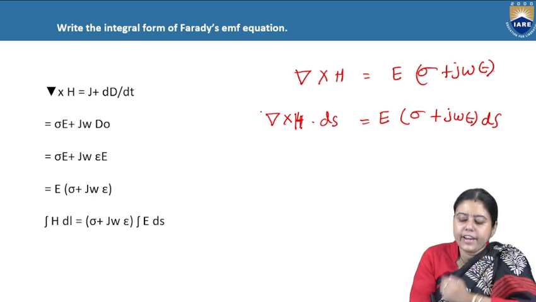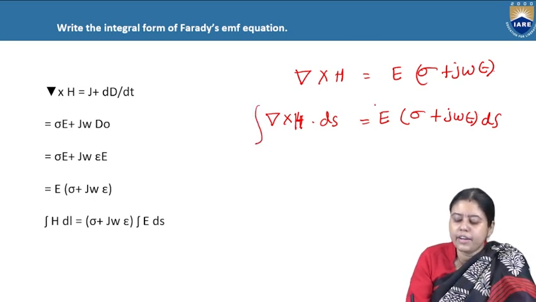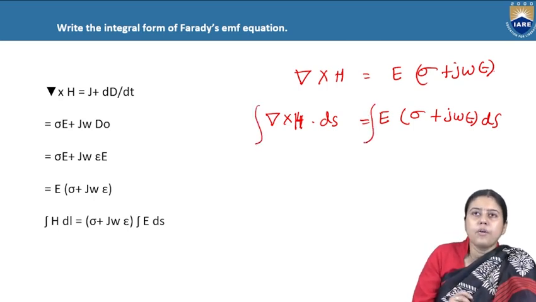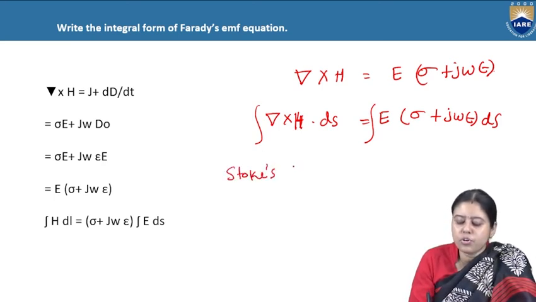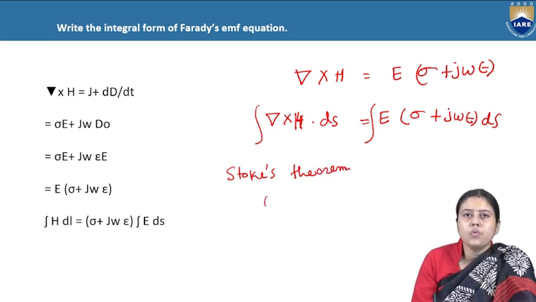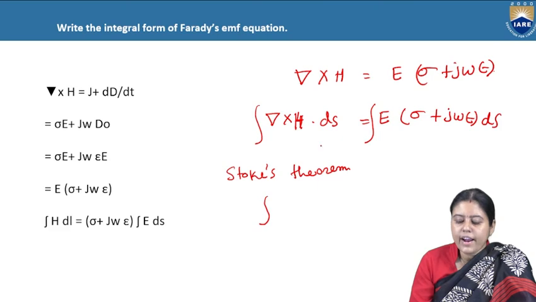Now, if we take integration on both sides and use the Stokes theorem, or rather the inverse Stokes theorem here, we can write curl H dot ds as H dot dl.